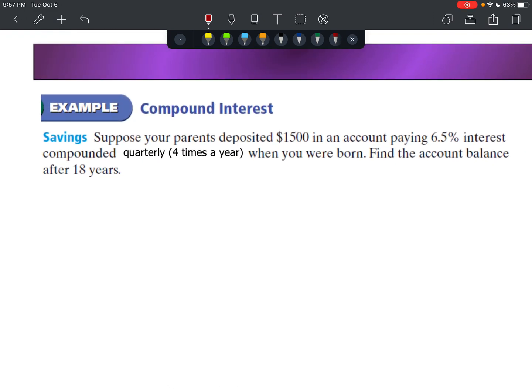Compound interest. Suppose your parents deposited $1,500 in an account paying 6.5% interest, compounded quarterly, which is 4 times a year, when you were born. Find the account balance after 18 years. So our initial value is going to be $1,500.